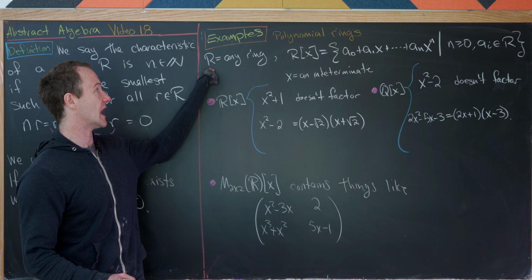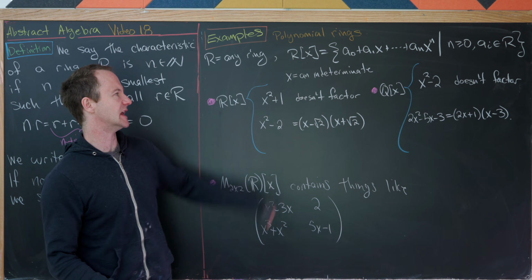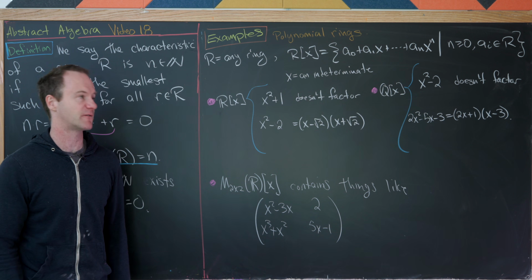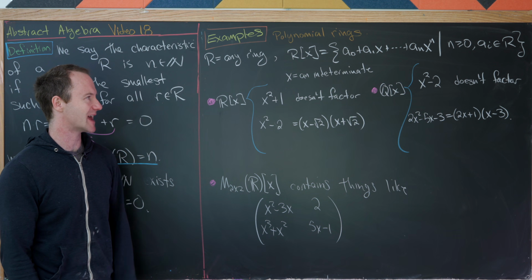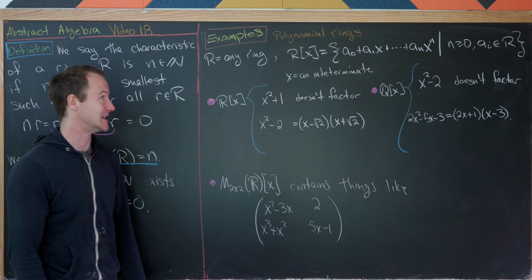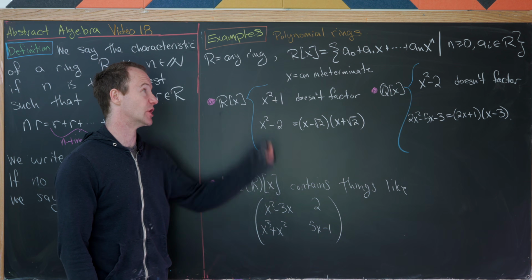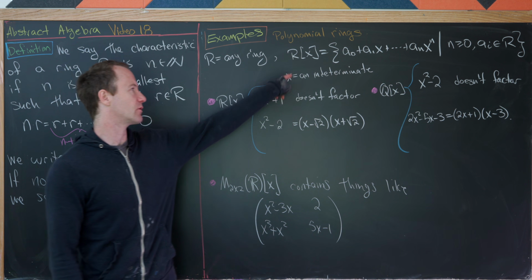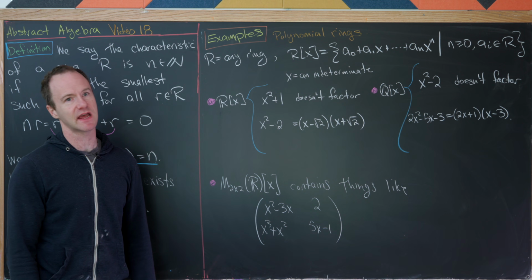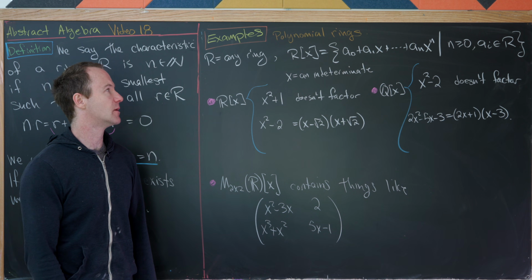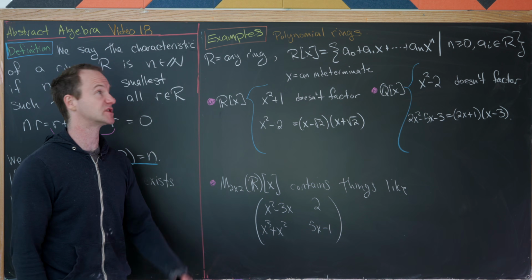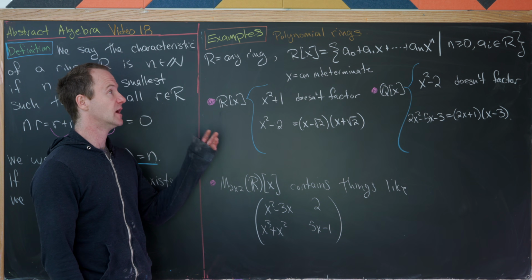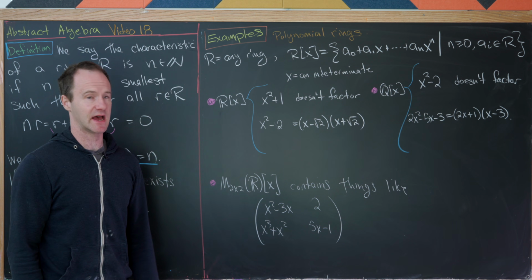So the ingredients are any ring R and then something called an indeterminate, or I like to think of this as a formal variable. I usually use x, although some other people use t, and I usually use lowercase, but other people use uppercase. It really doesn't matter. We read this as R adjoin x, and put simply, this is polynomials where the coefficients come from the ring R, and the variable is x.